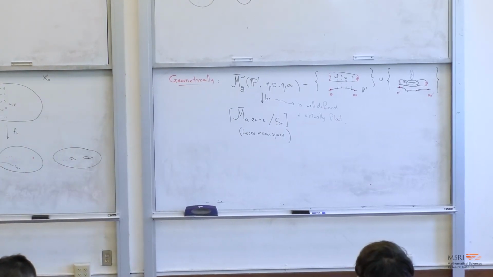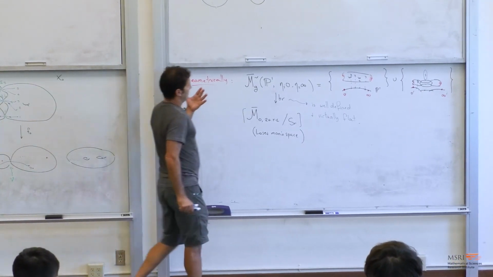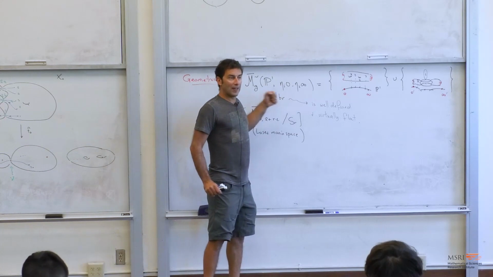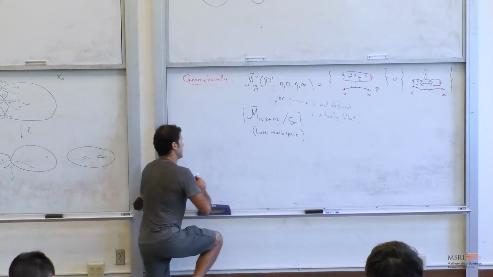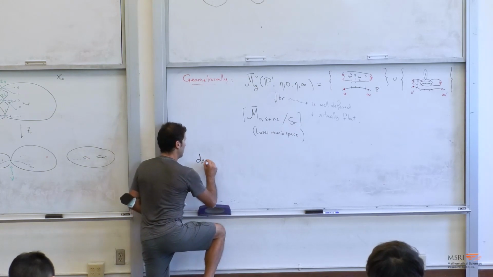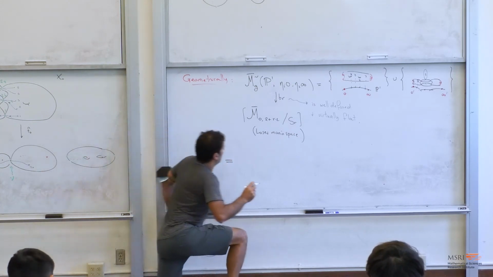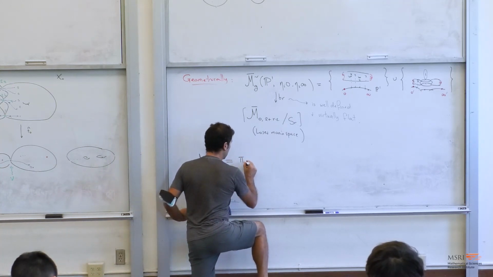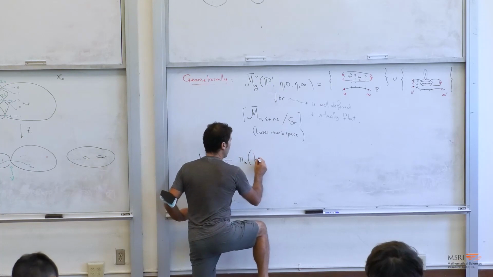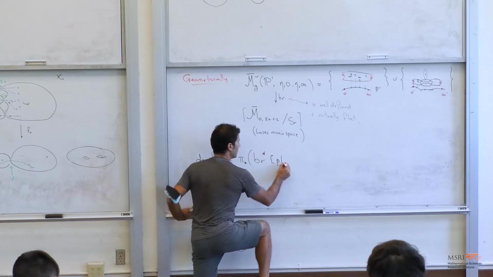Which tells me, in particular, that the degree of this branch morphism I can compute, the degree of Br, I can compute it as the push forward to the class of a point of the pullback of the class of a point.